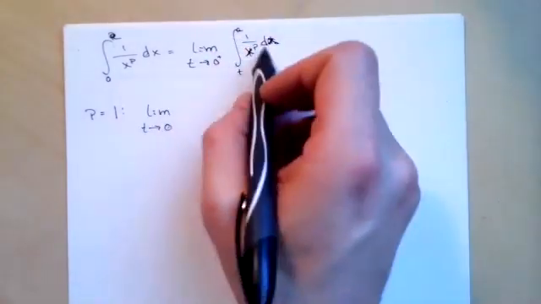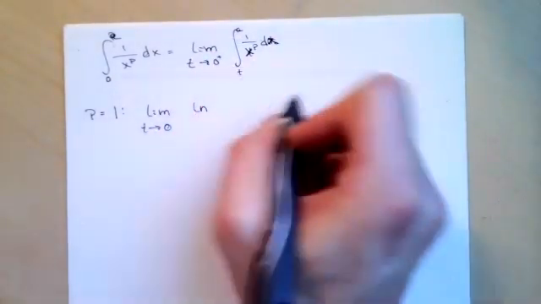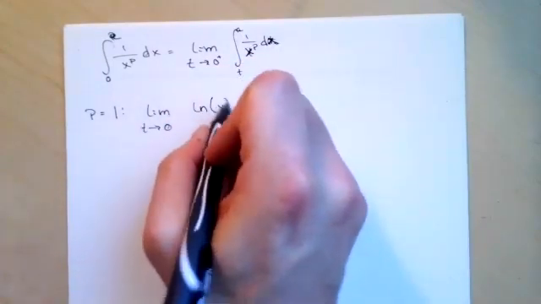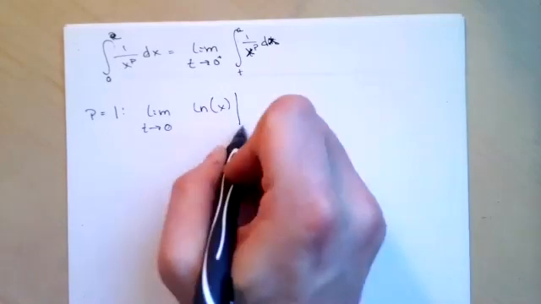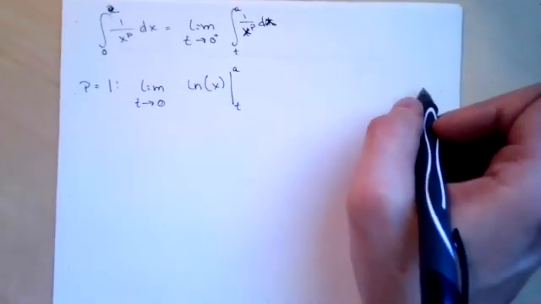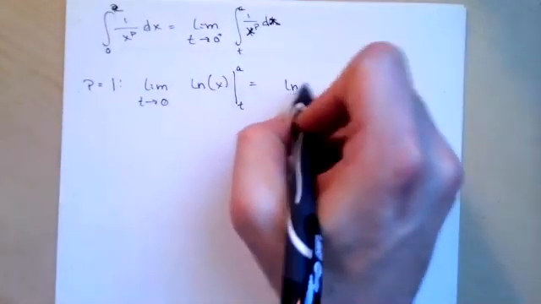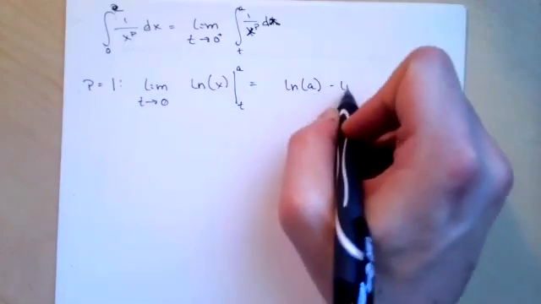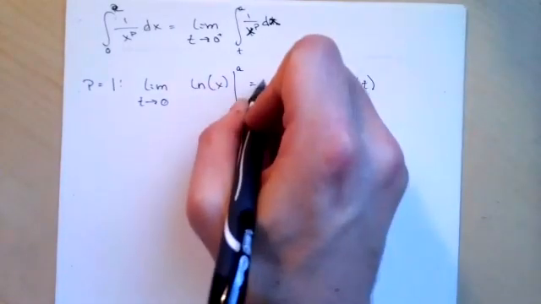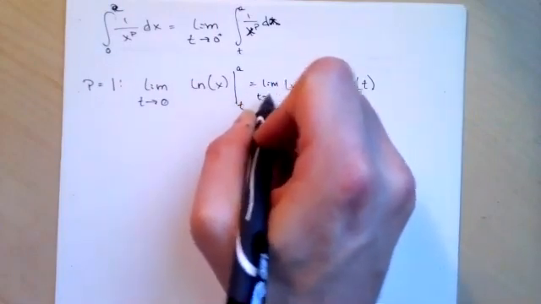Okay, so we had p equals 1. We're taking the limit as t goes to 0 of natural log of x when we integrate, and of course we're going to have t to a. And so what are we going to get? Natural log of a minus natural log of t, and the limit as that goes to 0.